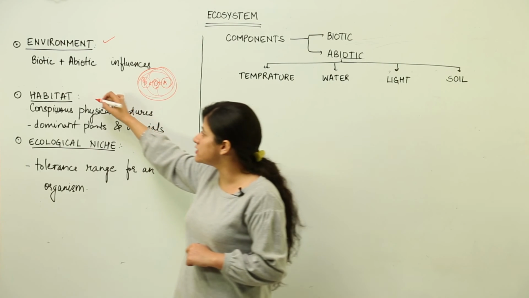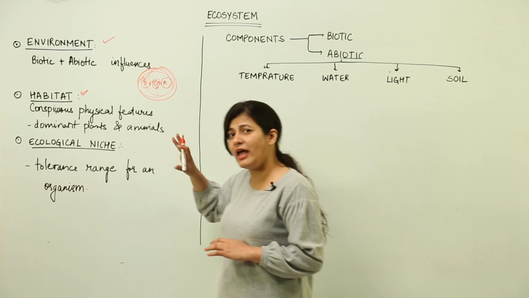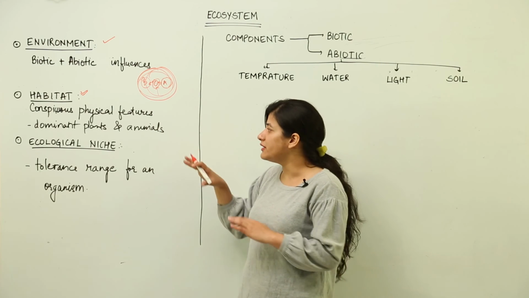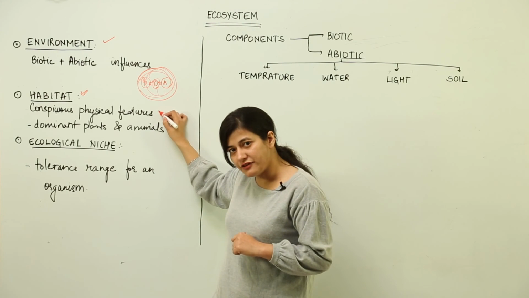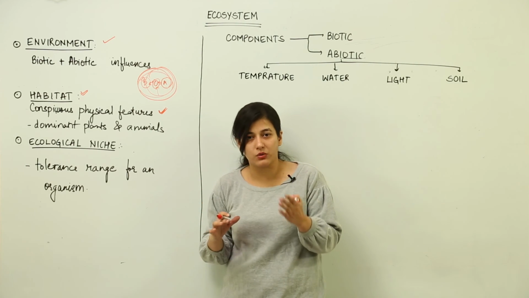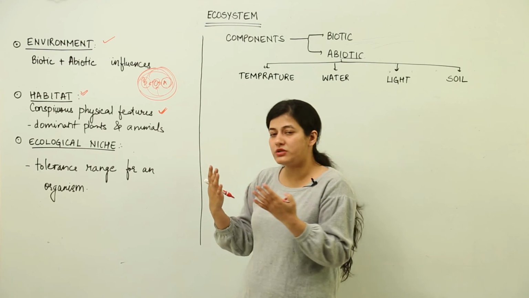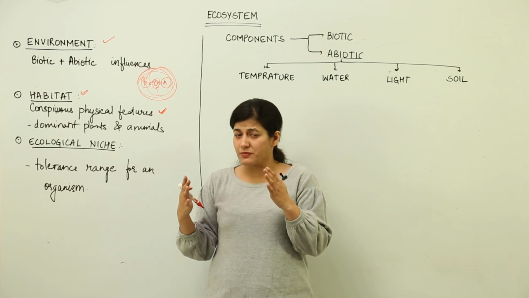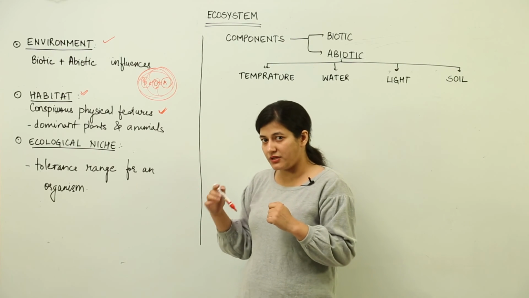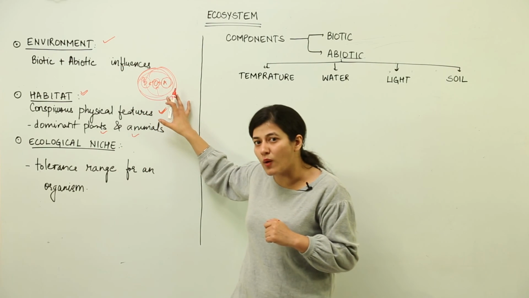Then there is a very gross term that we discussed earlier also, that is the habitat. Habitat is not that strong a term in terms of ecology, but if we have to understand the physical features, the conspicuous physical features. Now you must be knowing what is a conspicuous physical feature. It is that feature that we see. If we are talking about, supposedly, the habitat of a fish, the conspicuous features would be the dominant plant and animal species which would be present in the environment.